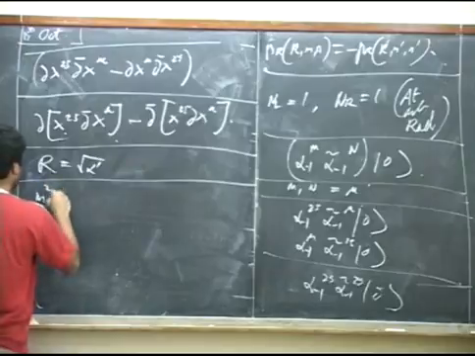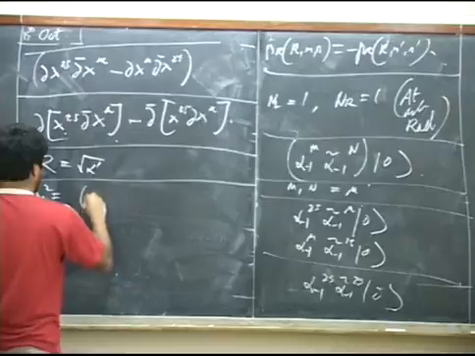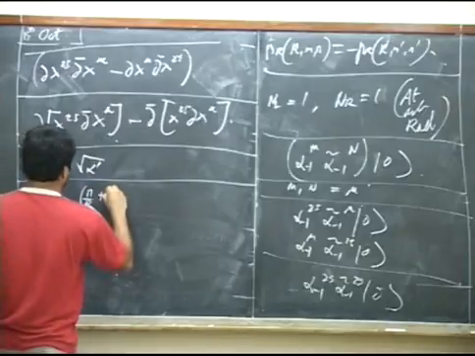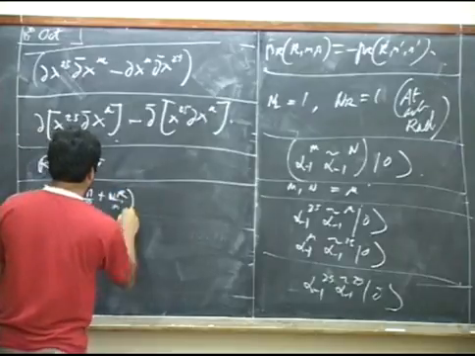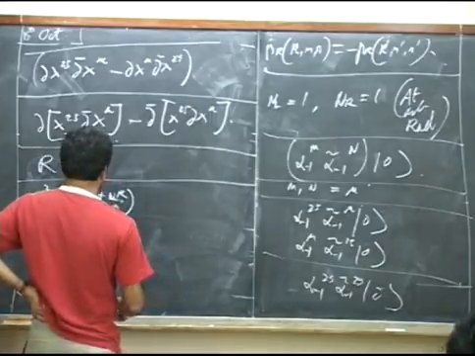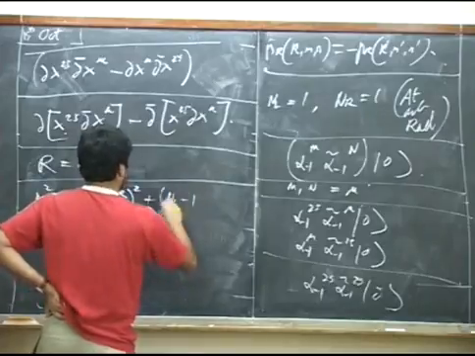So we have that m squared was equal to (n/R + wR/alpha prime), the whole thing squared, plus N_L minus 1.